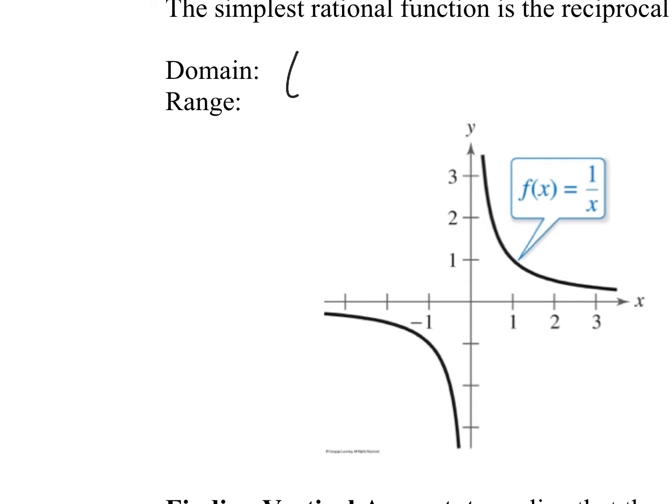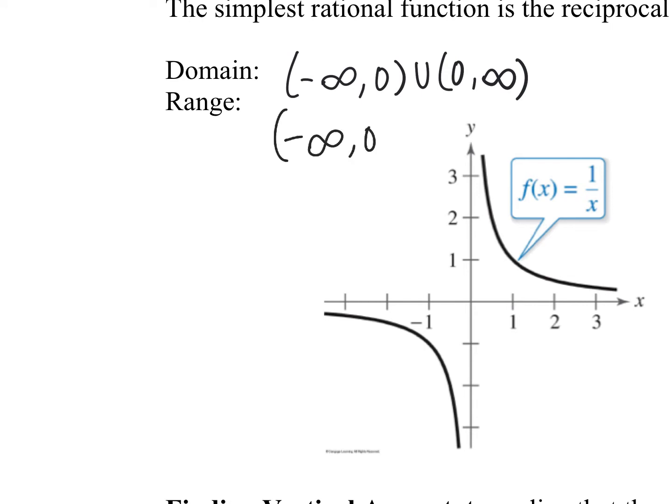So in interval notation, we would write this from negative infinity to 0 in union with 0 to infinity. As far as range goes, we can see from our graph that we won't ever touch the x-axis. So again, our range will be very similar in interval notation. We'll go from negative infinity to 0 in union with 0 to infinity.